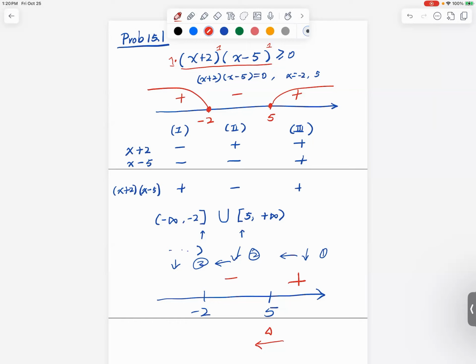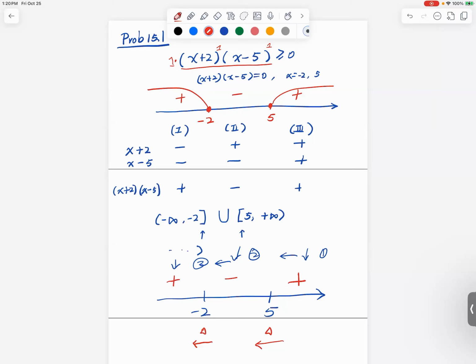Then the same rule applies. As x moves across the point -2, one and only one term changes sign, right? So if the expression has a negative value between -2 and 5, adding another minus sign, we have plus.